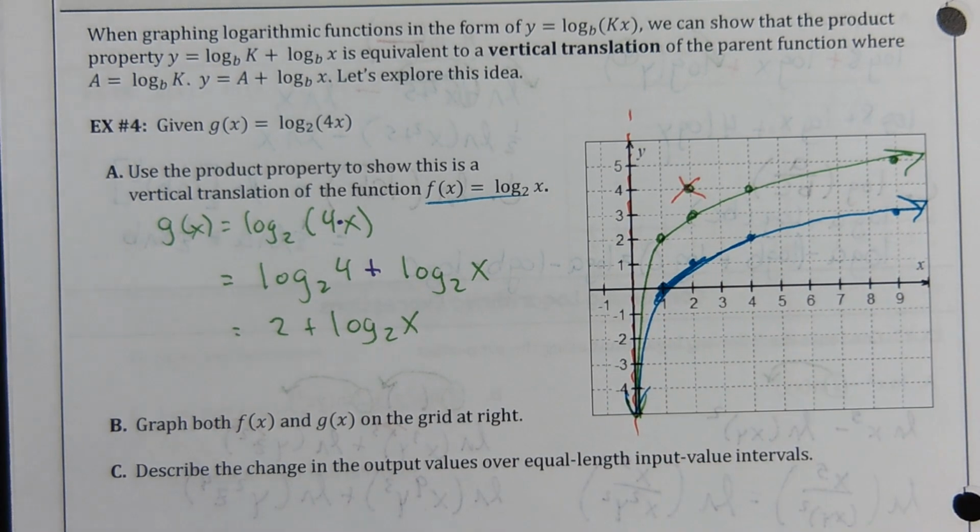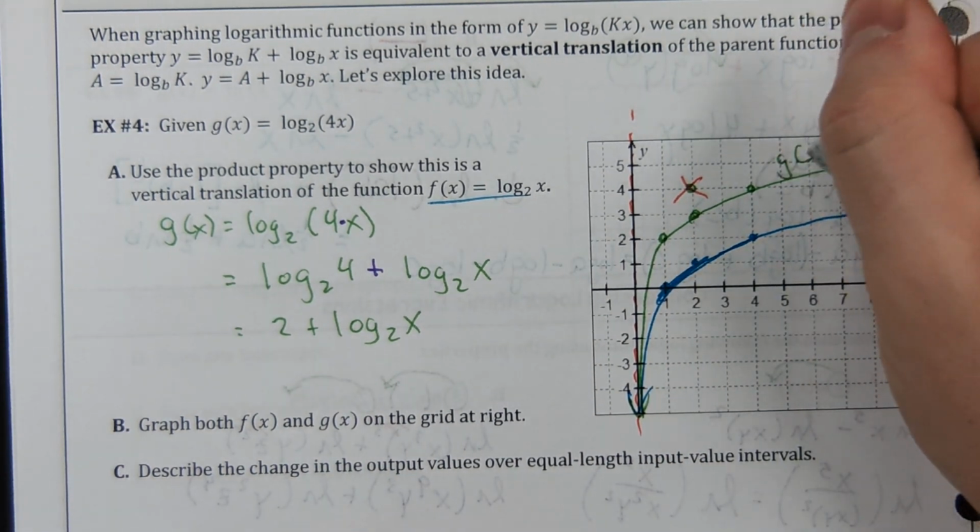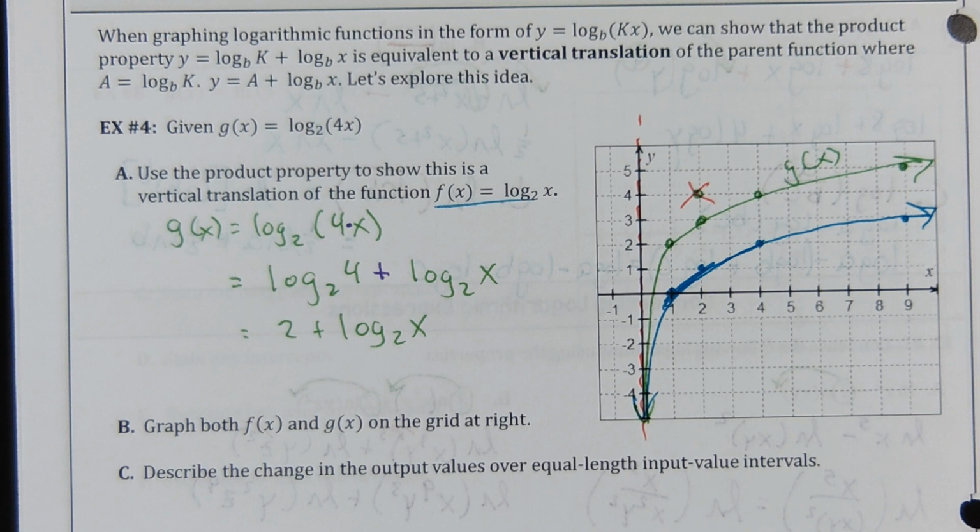There. There's g of x. It says describe the change in the output values over equal length input values right at the end.